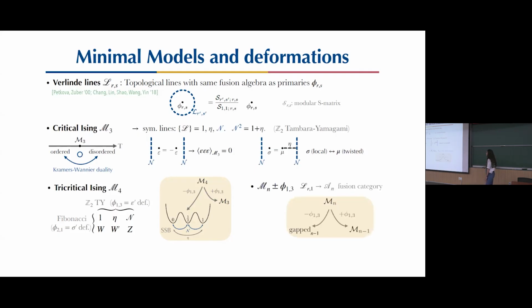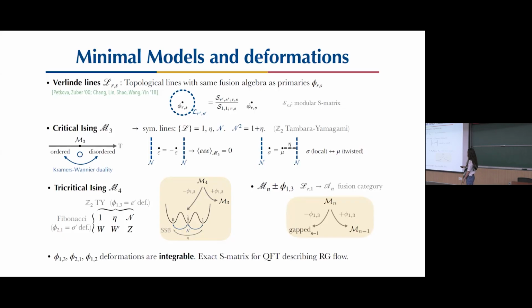So there is a generalization of these 1,3 deformations, and the flow looks like this. With one sign, you flow into the previous minimal model. And with the other one, you flow into a gapped phase with n-1 vacua. And the lines that are preserved here form what is called an A_n fusion category that will appear in the bootstrap.